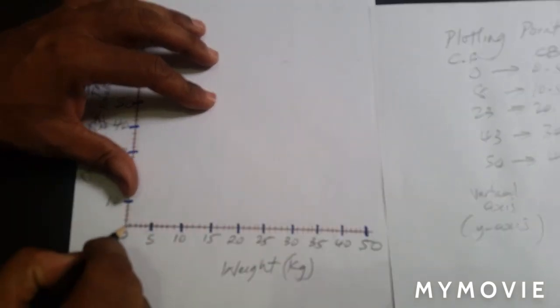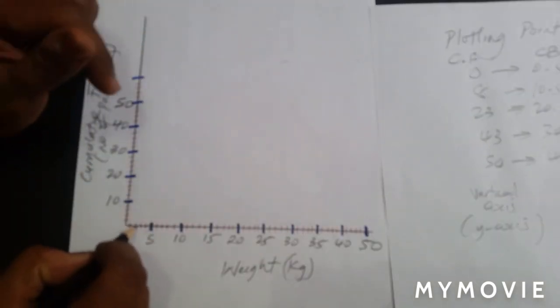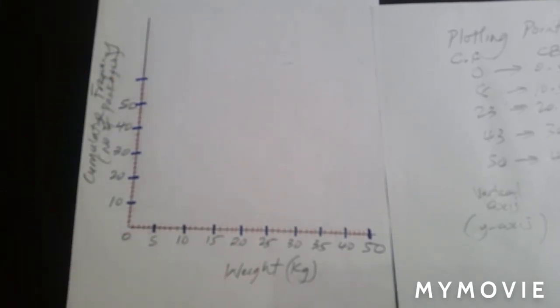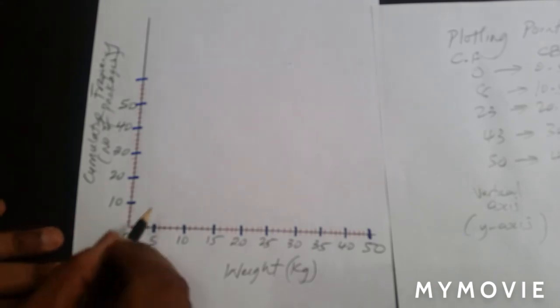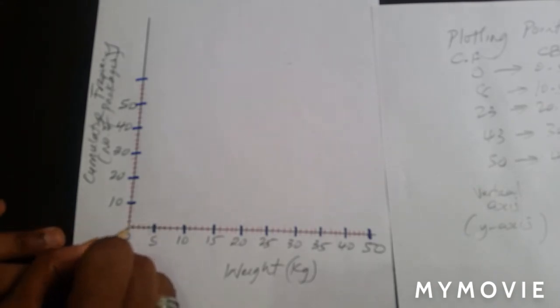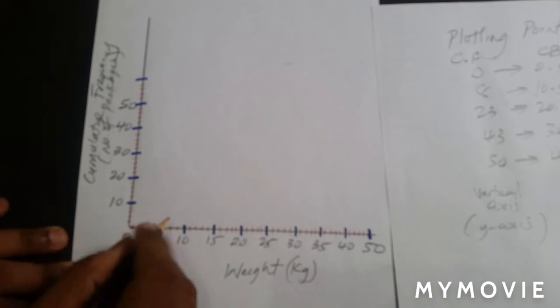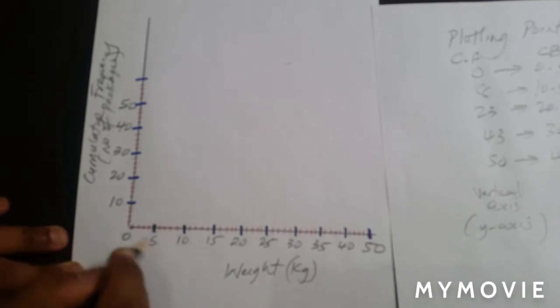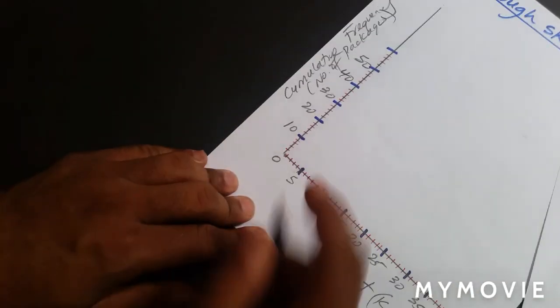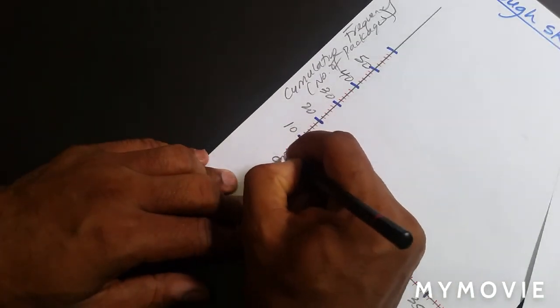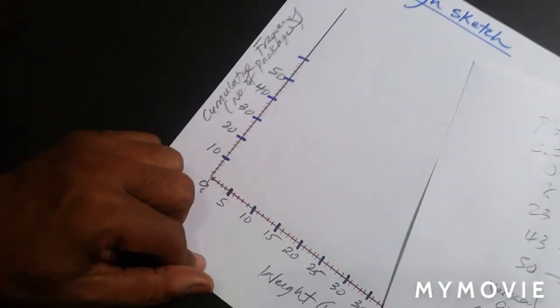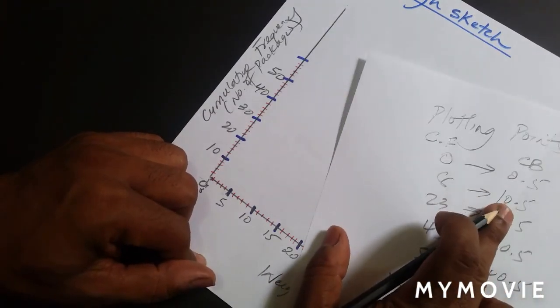Now if this is 0 and this is 1, 2, 3, etc., then obviously 0.5 must be between 0 and 1. So that would be 0.5 right there. So I'm just going to make a note that that is 0.5. And let me just bring it across here so we can easily number. So 0.5 would be there. The next one is 10.5.